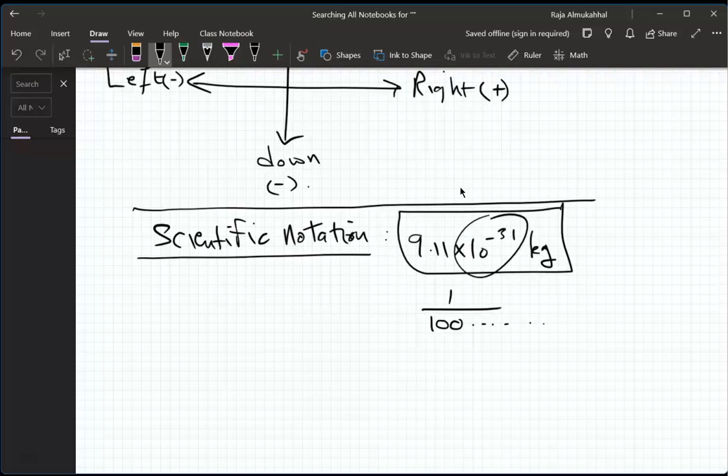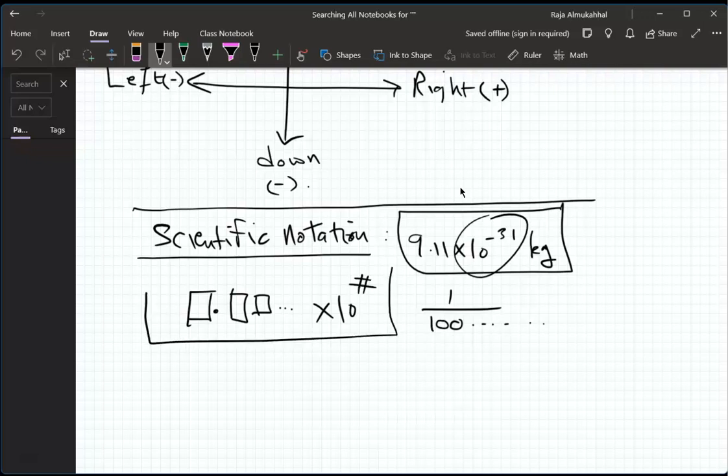When we write scientific notation, it's a quantity expressed as a decimal number, and the best way to express it is a one-digit number, a decimal point, and then maybe more digits, times 10 to the power of some number. This is what scientific notation looks like in general. In your mind, it is basically one digit, the decimal point, and then the rest.